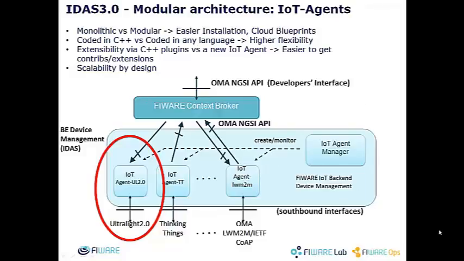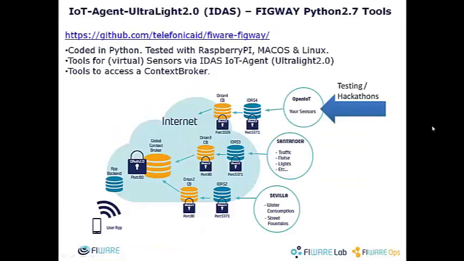One of the simplest and most used protocols is the Ultralight 2.0 protocol, which is very simple, and in there as a developer you have your sensor, you have your gateway to the system, and you just develop your code in the gateway to publish the information coming from the sensor into the platform. For example, you have the IoT agent based on the Ultralight 2.0 protocol.